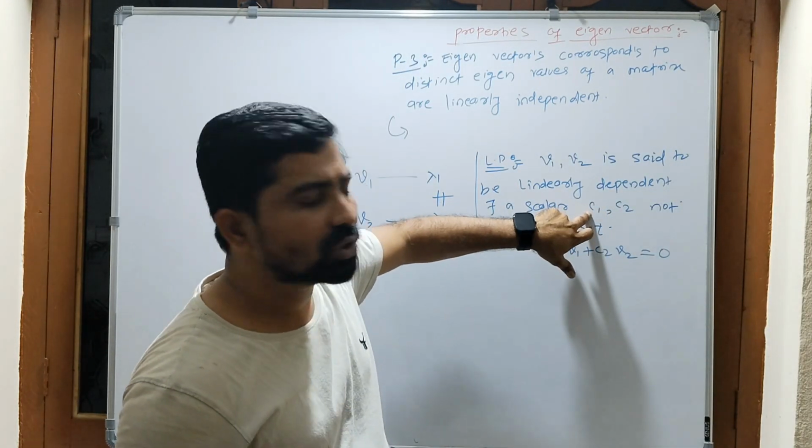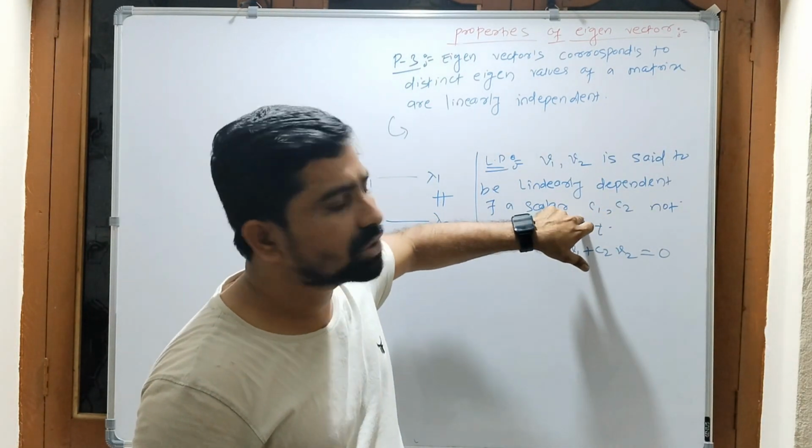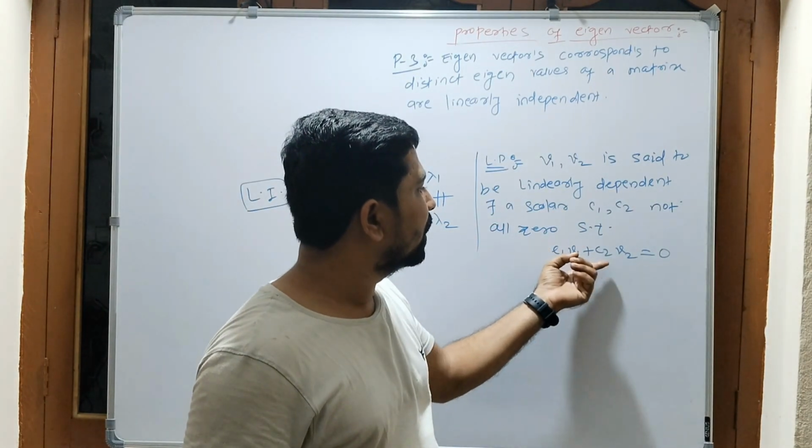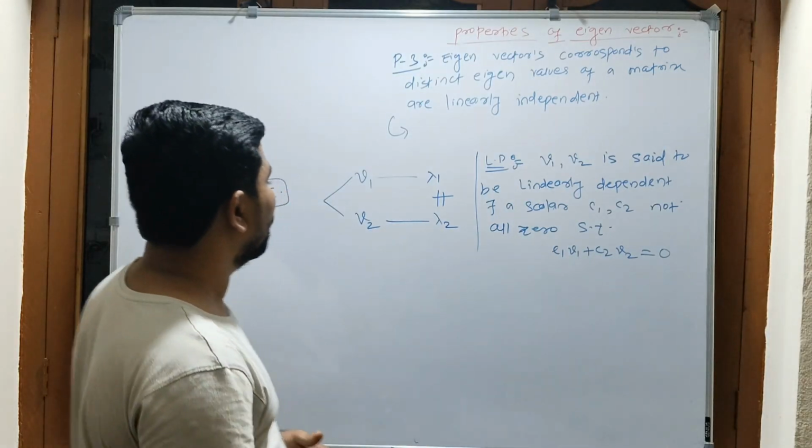This means either c1 is non-zero, c2 is non-zero, or both are non-zero, such that their linear combination c1 v1 plus c2 v2 equals 0.